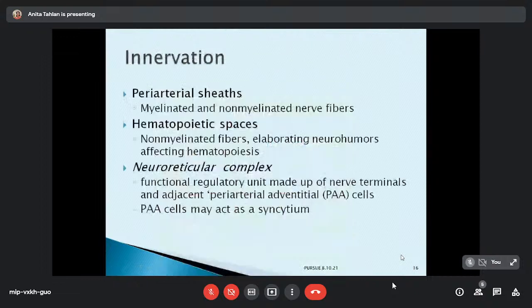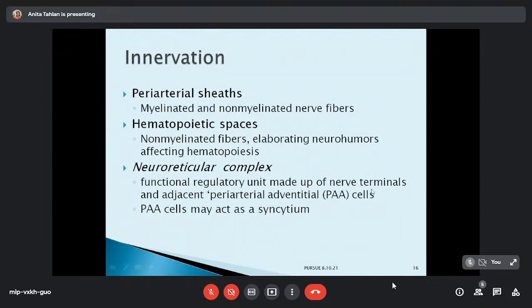What about innervation? Piercing the bone and going into the bone marrow to innervate is done by both myelinated and non-myelinated fibers, but it is not done very frequently. These small twigs elaborate various hormones and neurohumors, which will affect the hematopoiesis.